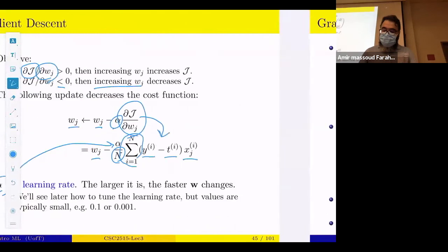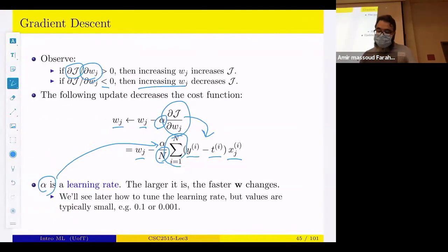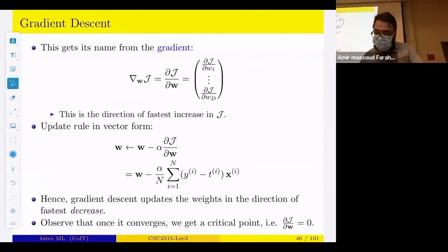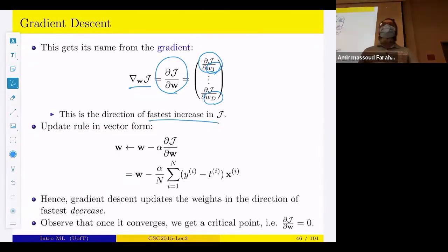This was for the partial derivative with respect to only one of the weights. If you compute it with respect to all the weights, this would be the gradient of the cost with respect to W, the partial derivatives of the cost with respect to W1 through Wd, and this is the direction of fastest increase in J. So we can now write the update rule for gradient descent in vector form.